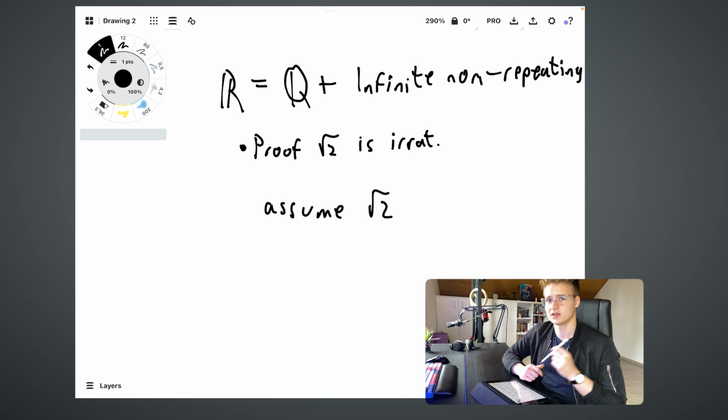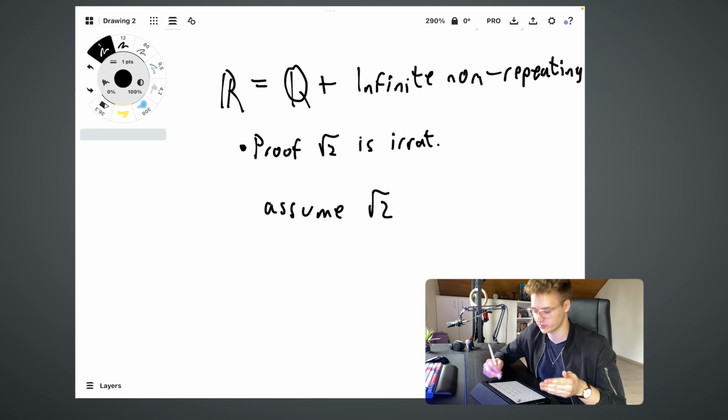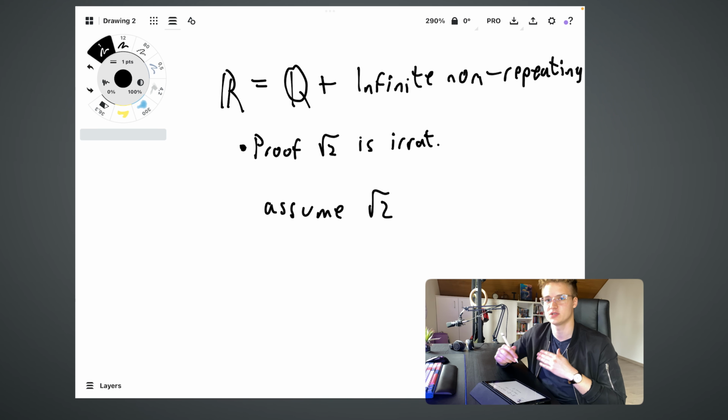Technically speaking, if we're being completely accurate with semantics, this isn't really proof by contradiction, but proof of negation, like the logical operation not, because irrational by definition means not rational. But this is nitpicking a lot. So let's just say it's contradiction. Assume that the square root of 2 is rational.